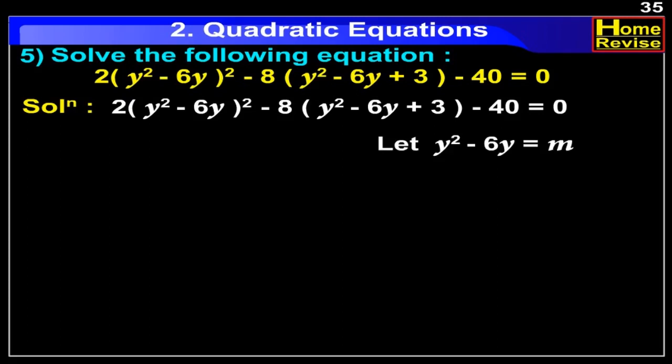Let y² − 6y be equal to m. Therefore, we have 2m² − 8m − 24 − 40 = 0.